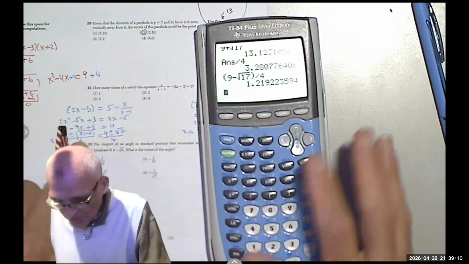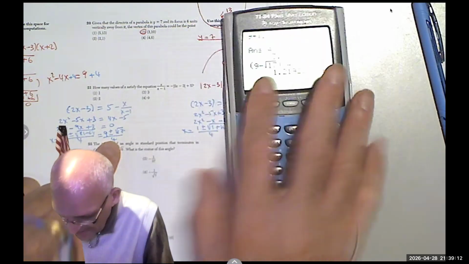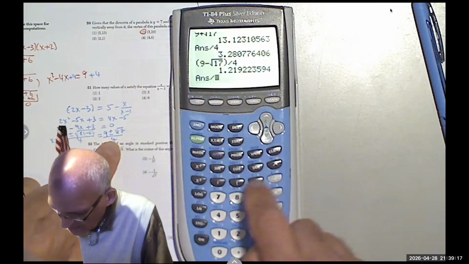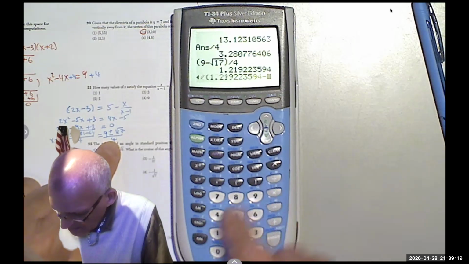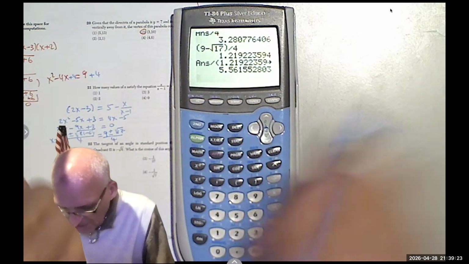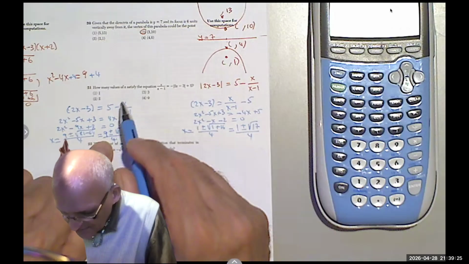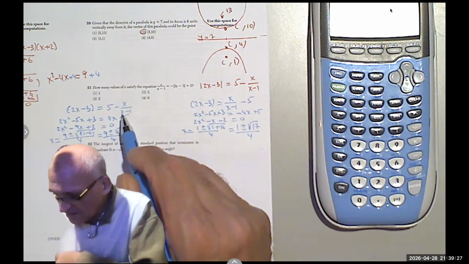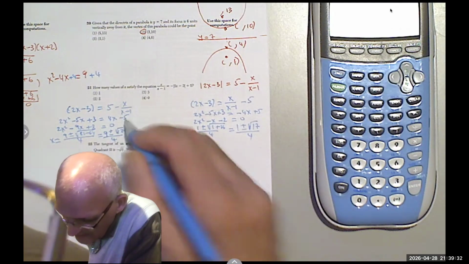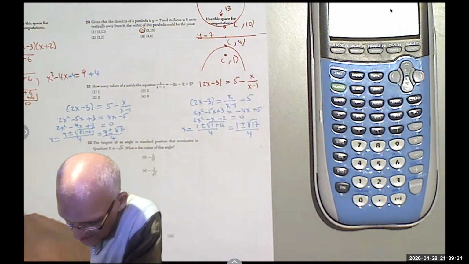So if x is 1.22, then x over x minus 1 would be 5.56. So here you would say 5 minus 5.6 is negative. The right-hand side would be negative, and this equation is impossible.